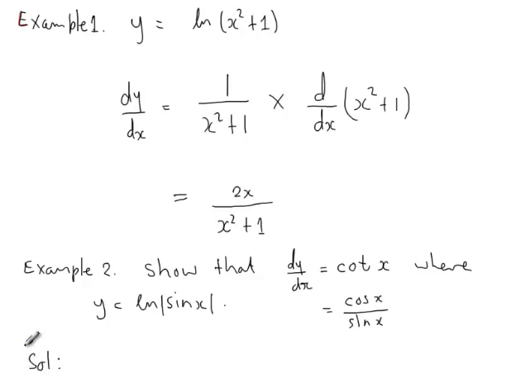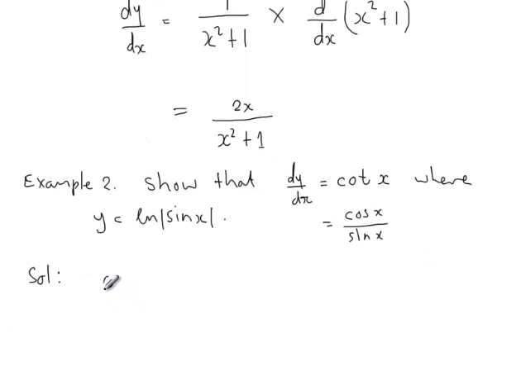So I come here and apply exactly the derivative of ln. We said it will always be 1 over the argument, which is sine x, multiplied by the derivative of the argument, in this case the derivative of sine x. Which means I must know the derivative of that argument involved with the ln.